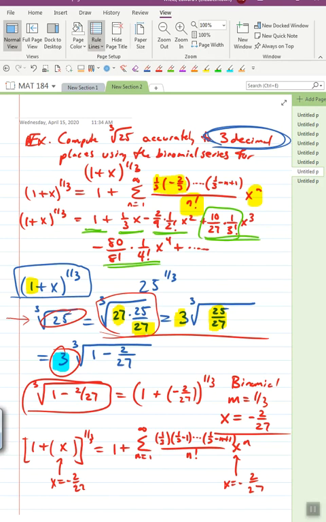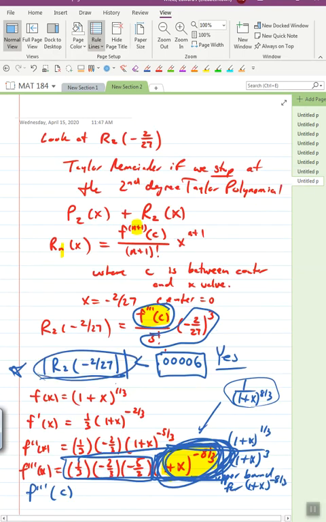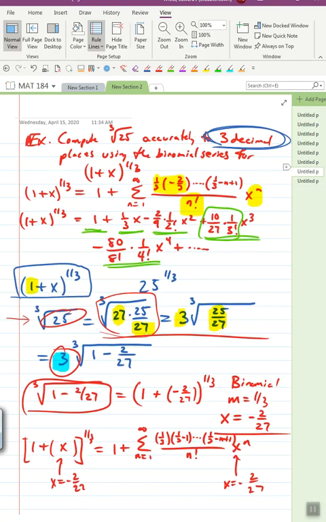So the part that's missing here in the example I'm showing you is first I checked this for R1, and when I did that I could not convince myself that R1 was less than, well, let's see, if we want it to be accurate to 3 decimal places, don't we want Rn of negative 2/27 to be less than 0.0005?